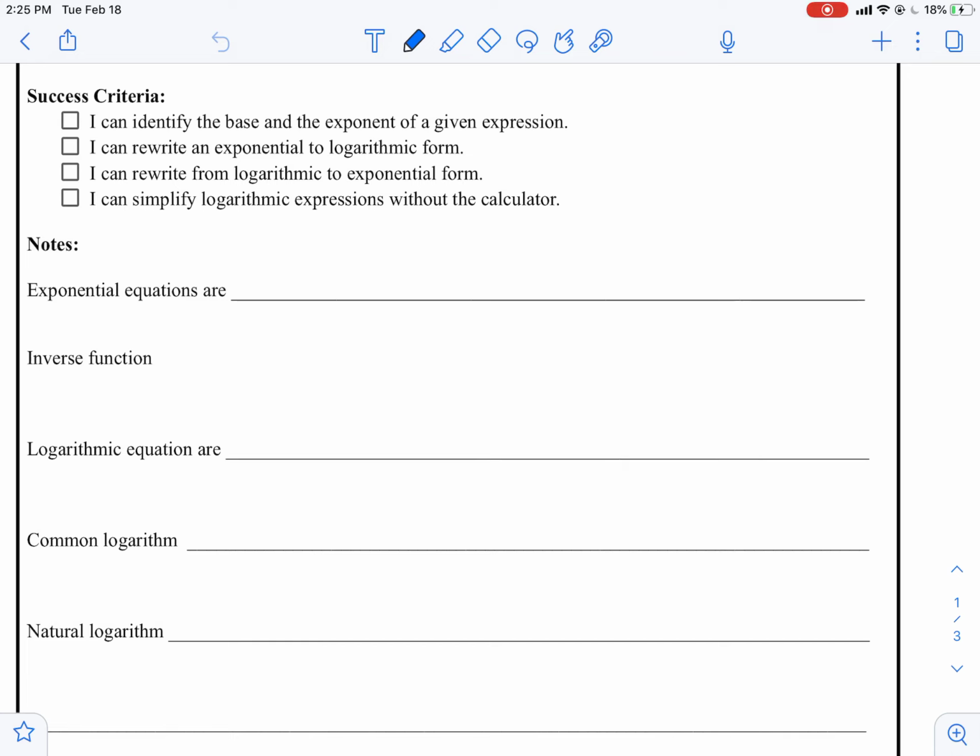So again, they are equations in the form y equals ab to the x, and a cannot equal 0, and b must be a positive number other than 1. So that is going to be our definition of an exponential equation: y equals ab to the x.